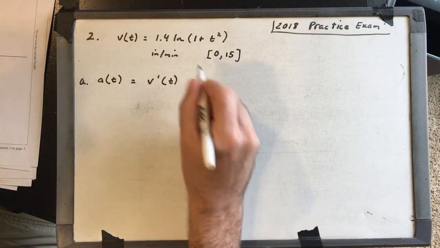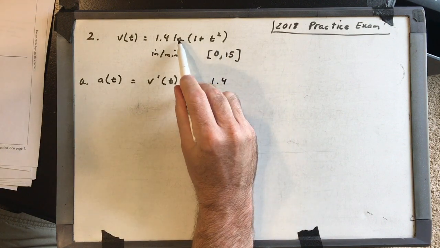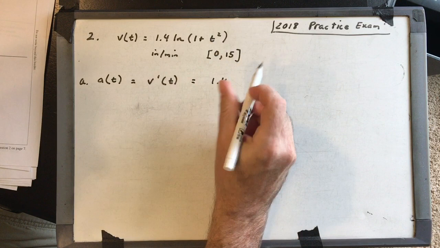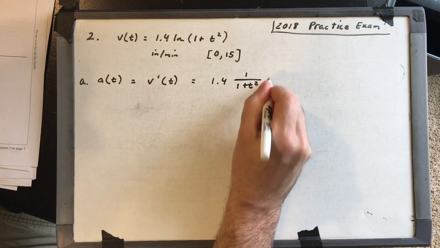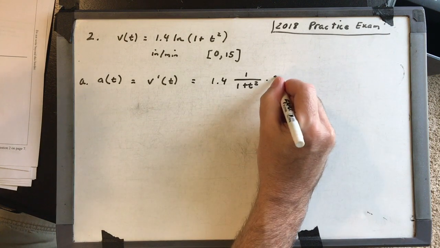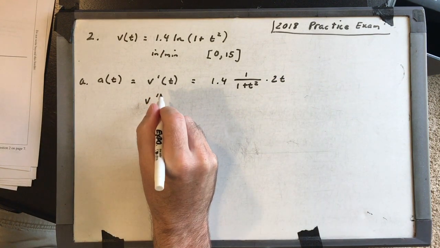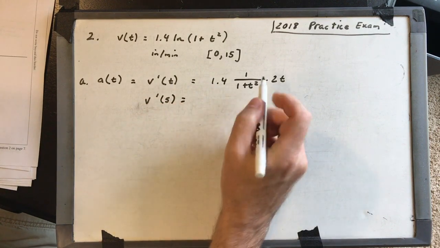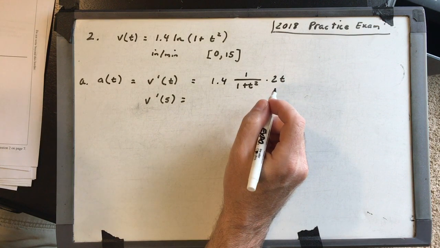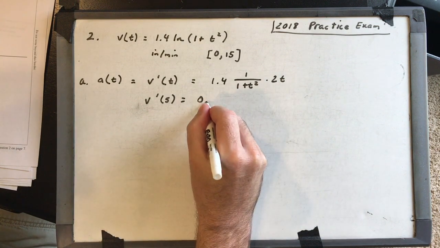Okay, so the derivative would be 1.4. How do you take the derivative of natural log? Well, that's 1 over the blob, so 1 over 1 plus t squared times the derivative of the blob, which is 2t. So v prime at 5, just plug a 5 in for t, and that is 0.538.